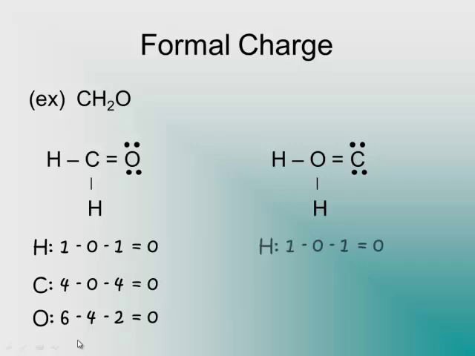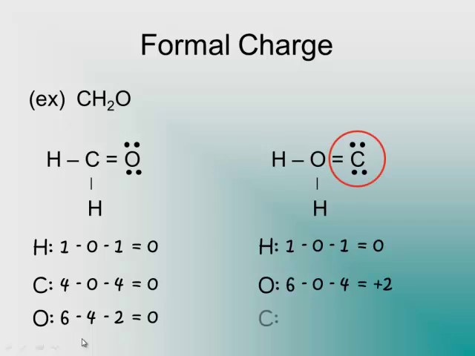The hydrogens are both zeros, as we said before. The oxygen in the middle here has 6 valence electrons, minus 0 non-bonding electrons, minus 4 bonds, for a formal charge of positive 2.